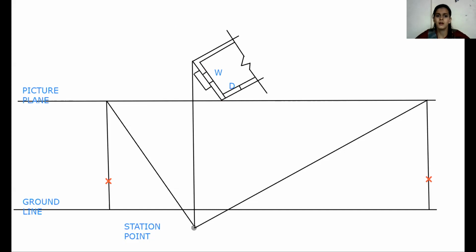And I'm going to drag the projection from two corners only up to the station point, and the window. I'm not going to show you the door.